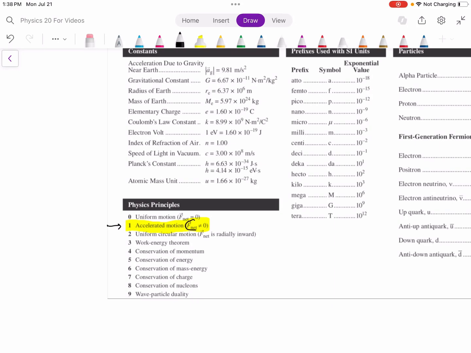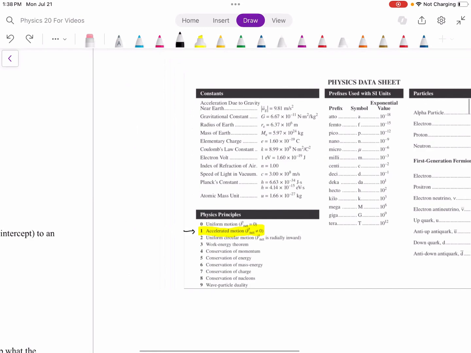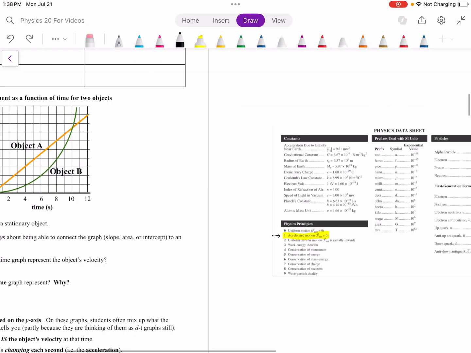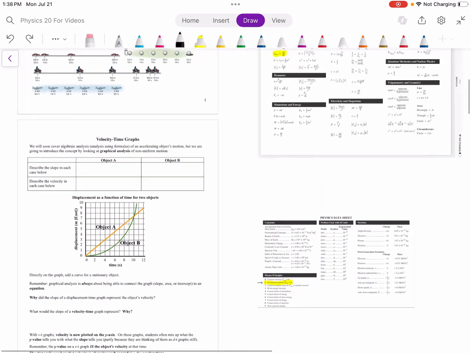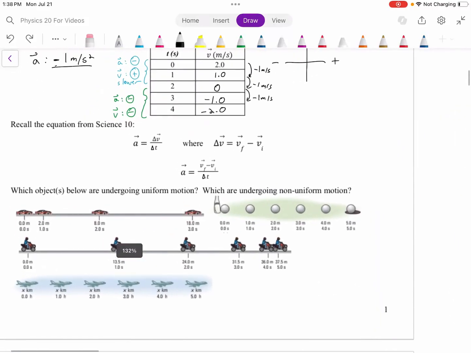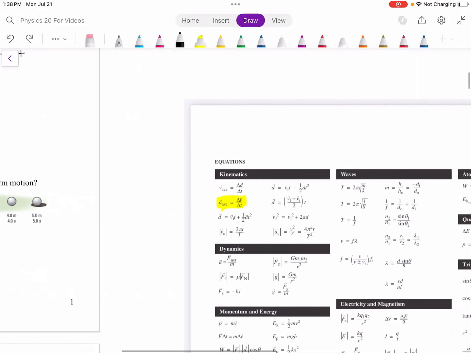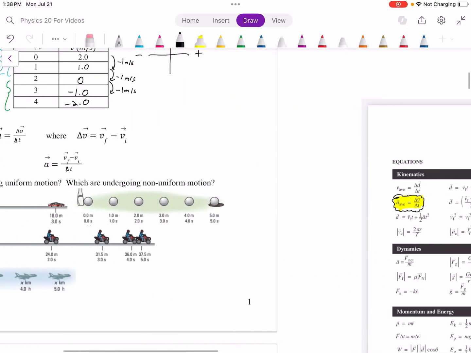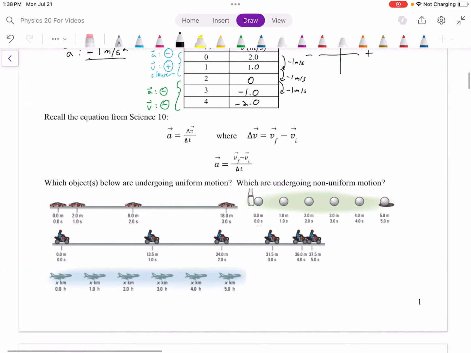You can see that that says the net force is not 0. We're going to talk about that idea a lot in chapter 3, but for now, just focus on the idea of this being non-uniform motion. Okay, so there is the equation for calculating an acceleration, or calculating a change in velocity or a change in time when you have the acceleration, but that's what we're going to do.